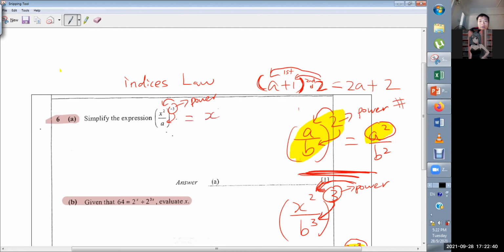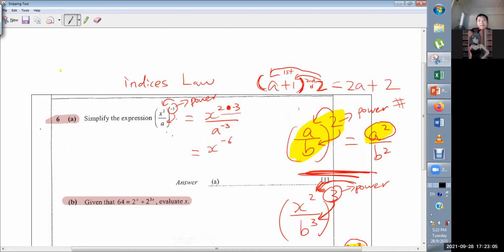So therefore you have x to the power of 2 times -3, then a to the power of 3 times -3. Does it make sense? A dot here means times. Because it's -3 here, so I have to write -3. So now 2 times -3 is -6, right?